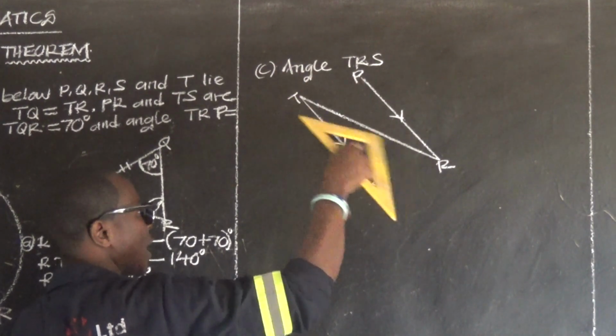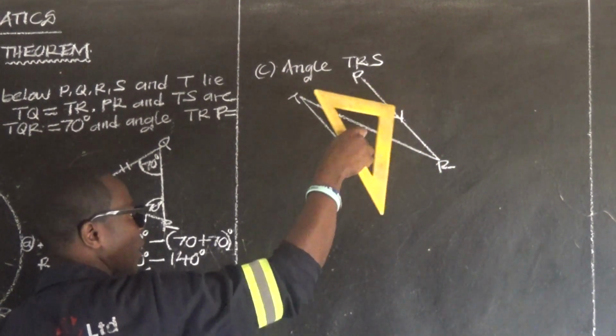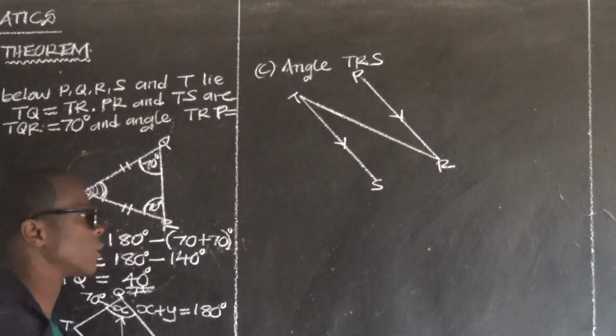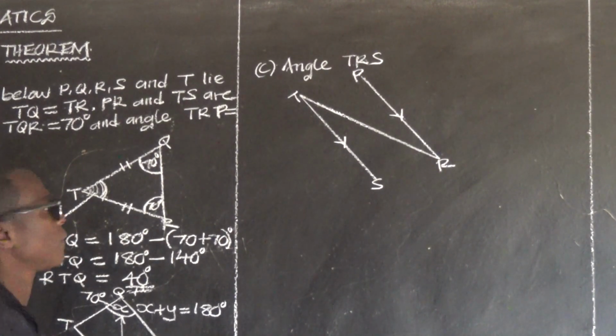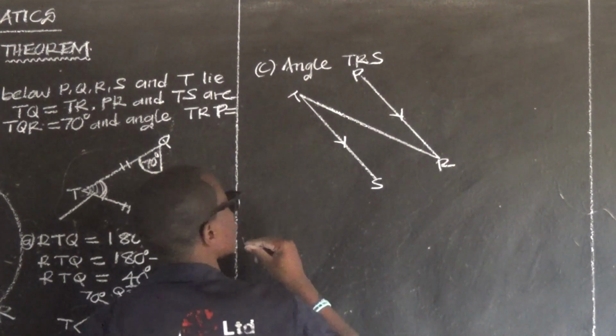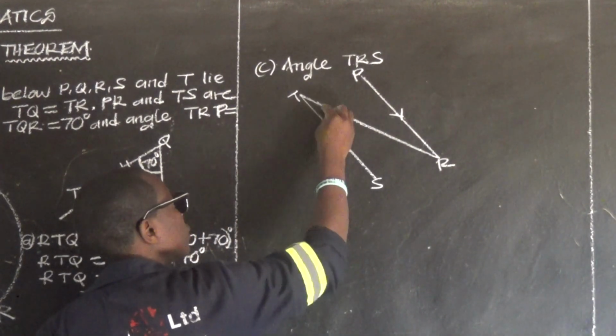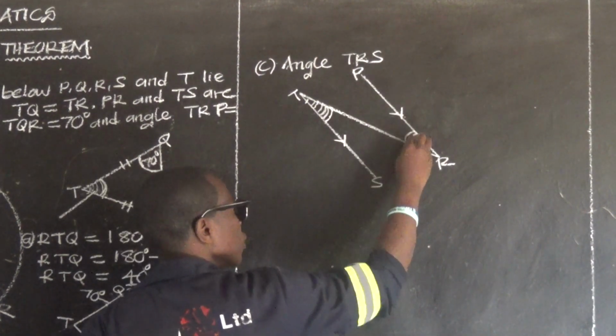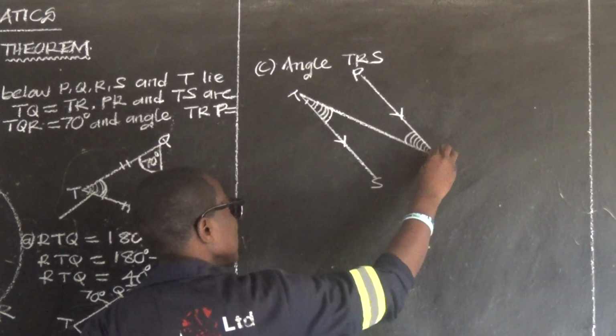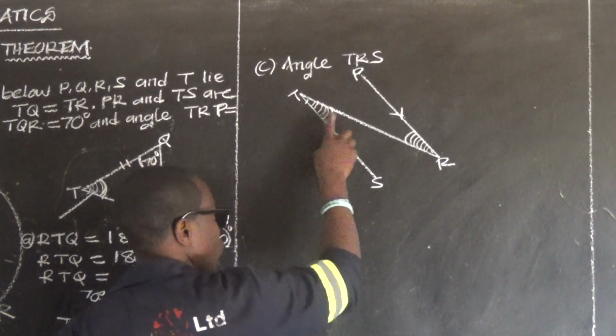Then you have got TR, which is the transversal to these two parallel lines, and you are saying alternate angles are equal. Sometimes these are called Z angles for the sake of remembering. So this angle and this angle, these two angles are alternate, and these two are equal.